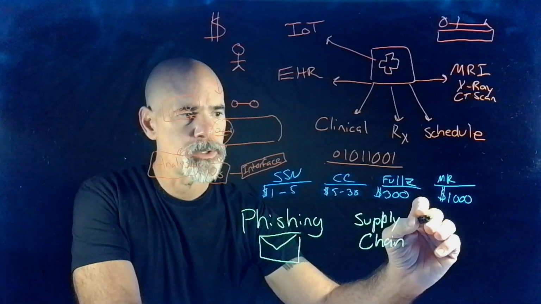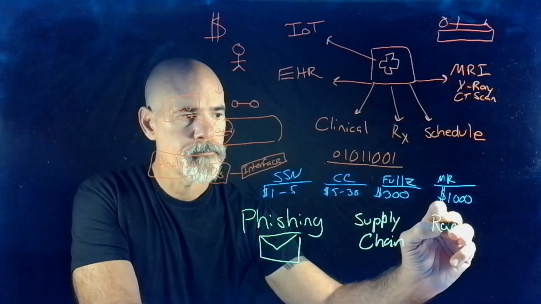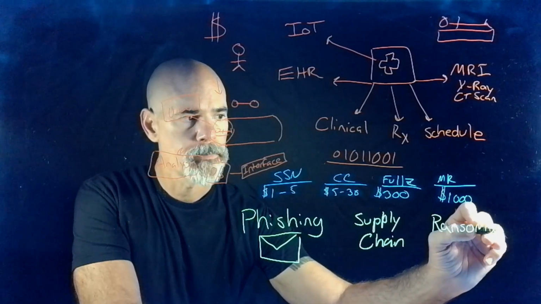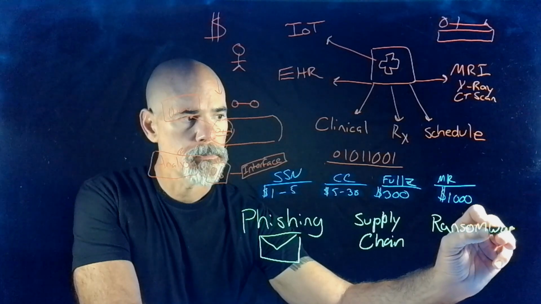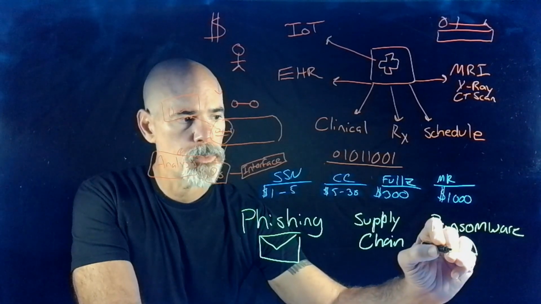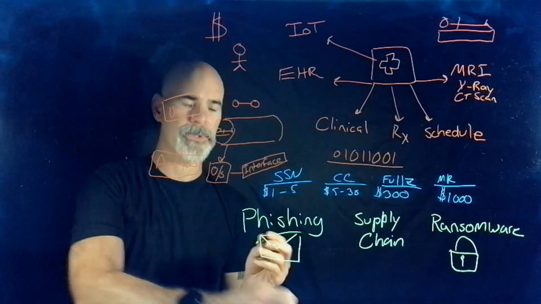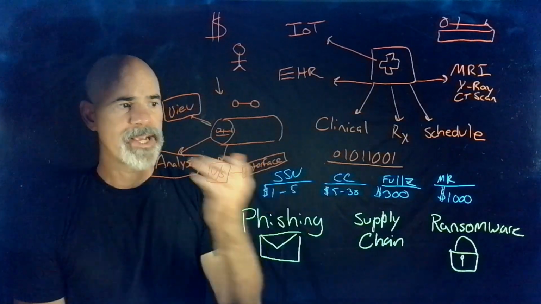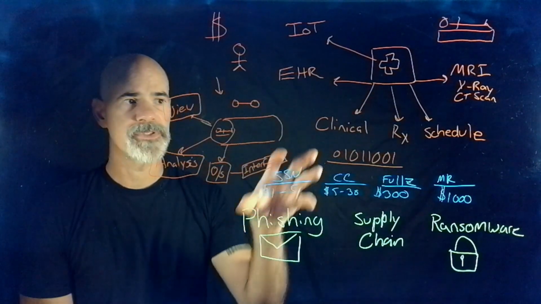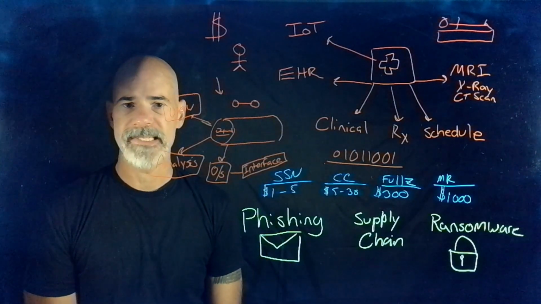And the last thing, and probably the most well-known, is ransomware. If you're not familiar with ransomware, which I'm sure if you're paying attention to the cybersecurity space you probably do know, ransomware is bad actors being able to encrypt data within a system.